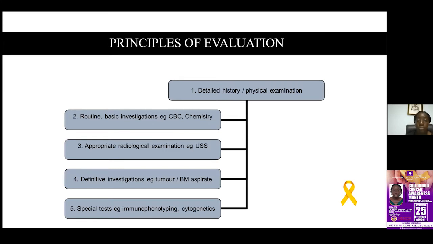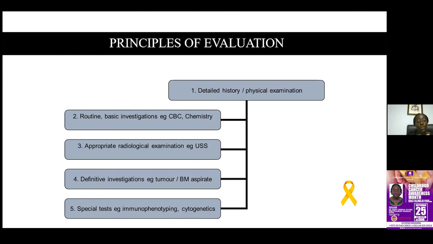You have 2 or more parameters deranged. A child comes with severe anemia, thrombocytopenia, or you can have very elevated WBC, leukocytosis, or you may have suppressed cell lines, so you would have a neutropenia or pancytopenia. That should prompt you to investigate, go on to do a blood film comment to look for any blast cells in the film comment.